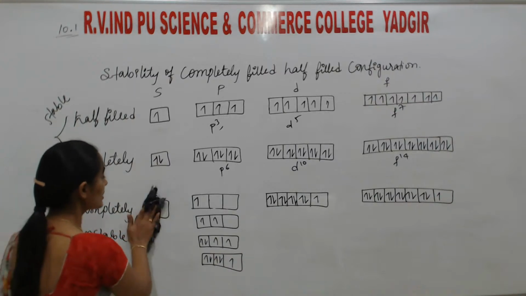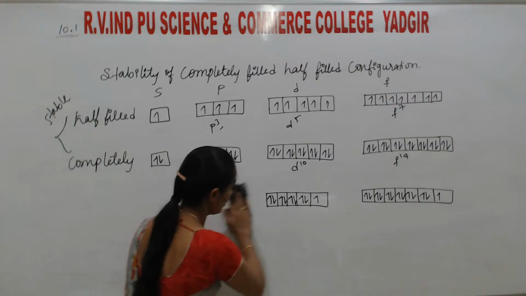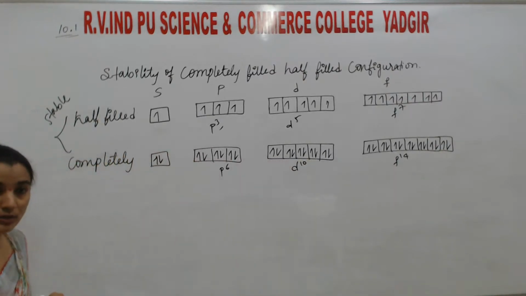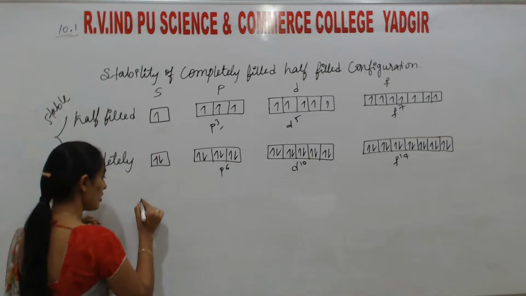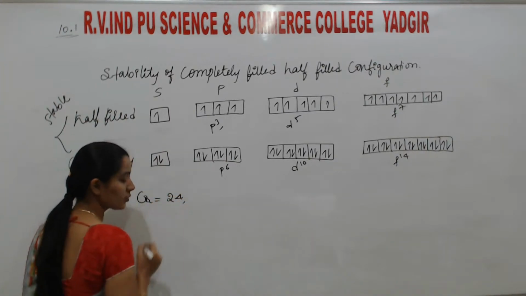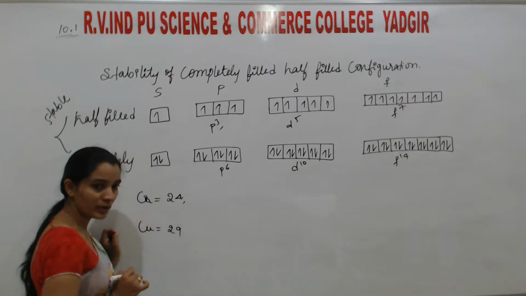And remember students, to become stable some arrangements change. If I take chromium, its atomic number is 24, and copper, its atomic number is 29.